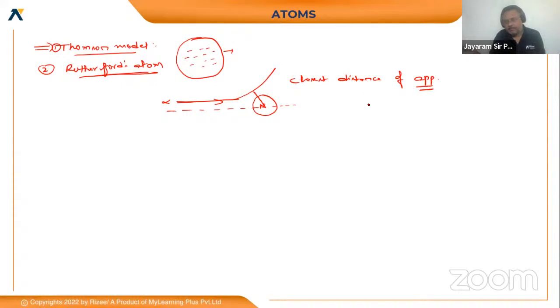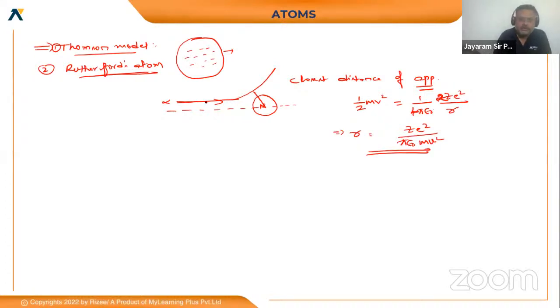It can be obtained by equating kinetic energy, half mv square, to the potential energy of the system, 1 by 4 pi epsilon naught into 2 Ze square by r, where 2 is for the alpha particle and r is the closest distance of approach. So r = 2Ze square by pi epsilon naught into mv square.